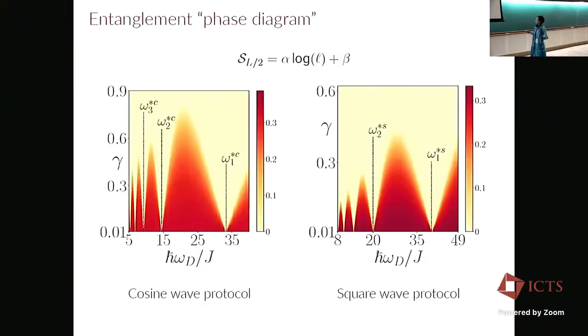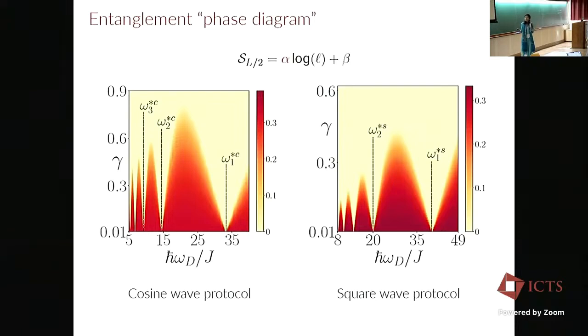First thing is that if you tune your frequency, you can see that this is the entanglement phase diagram. This is the dissipation rate and this is frequency. You can see there is a reentrant entanglement transition from a logarithmic scaling, this red one, to the area law scaling of the entanglement entropy, this yellow one. There are several frequencies where there are no logarithmic scaling properties.